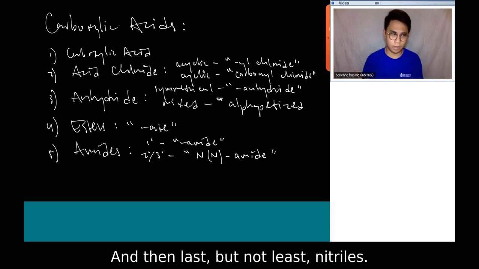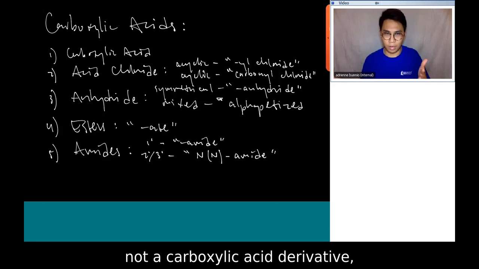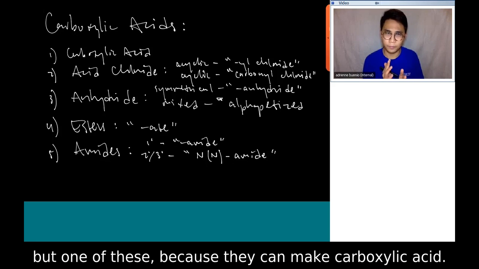And last but not least, nitriles. And nitriles are a funny one because obviously they're not a carboxylic acid derivative because they don't have the double bonded things like that. But they're included here because they can make carboxylic acids.